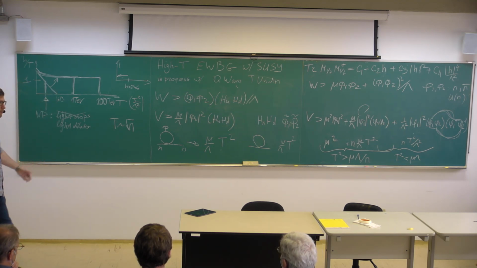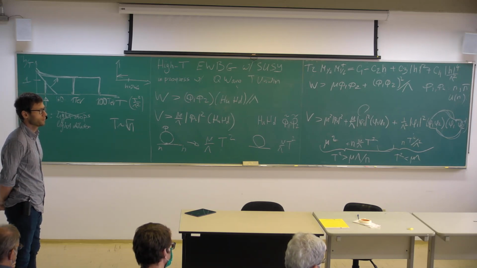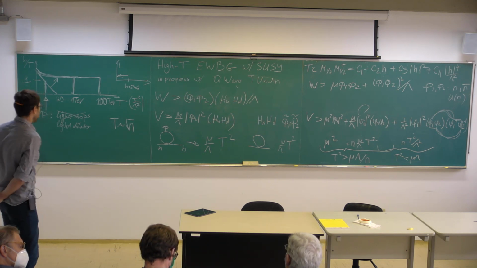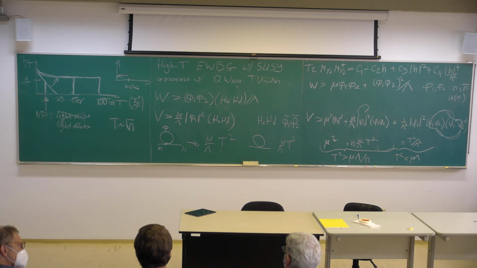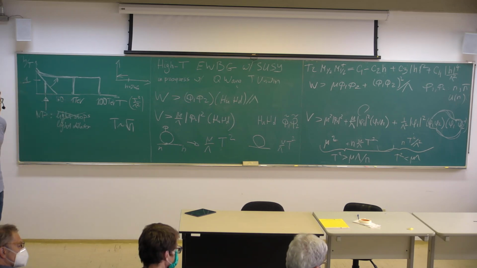I'm not an expert at all, but I remember some talks where people said that, at least in a non-supersymmetric setting, you can change the Higgs potential quite a lot without running into many other constraints from colliders and stuff. Yeah, but what do you get in this case? You change the potential, you still have the phase transition at the same temperature. You're right, it is still a low temperature phase transition.